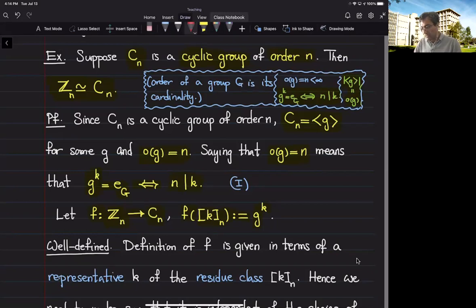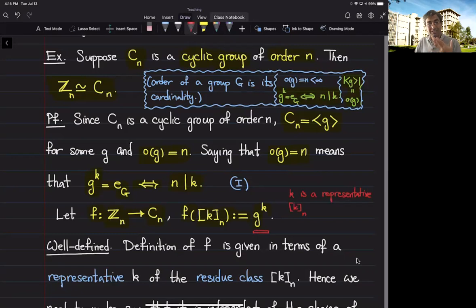So notice that k is a representative of this residue class. So I'm taking the representative and then defining this. In principle, I might have different representatives for the same residue class, but the right-hand side depends on k.